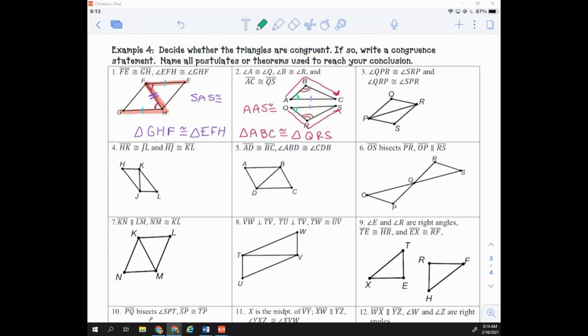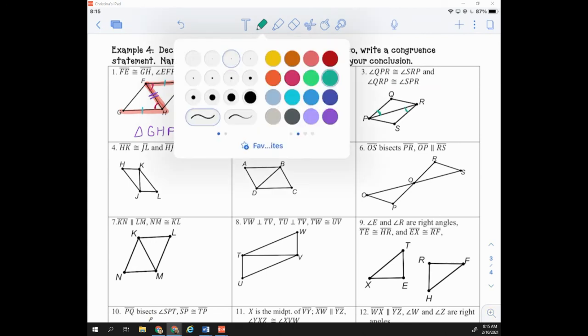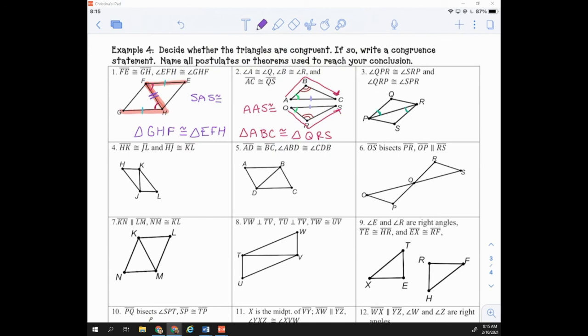For the third one, we're told that angle QPR, that's this angle right here, is congruent to angle SRP, and angle QRP, right here, is congruent to angle SPR.